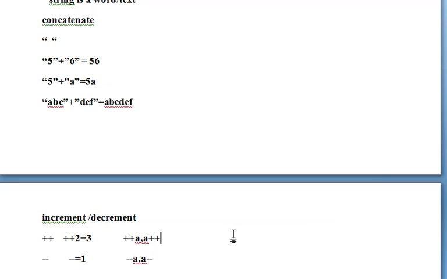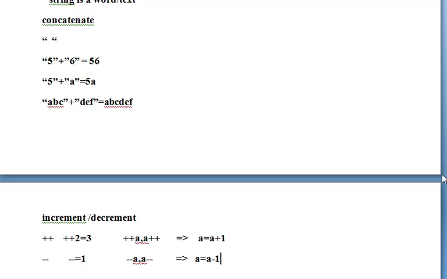They are shorthand for a is equal to a plus 1, and a is equal to a minus 1.